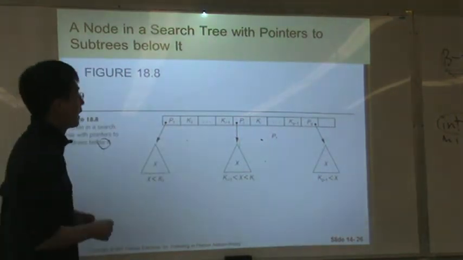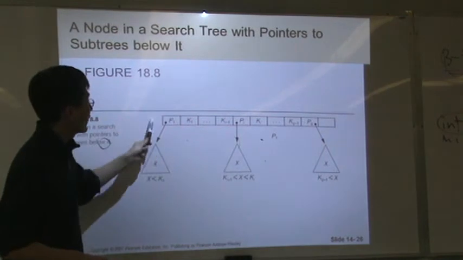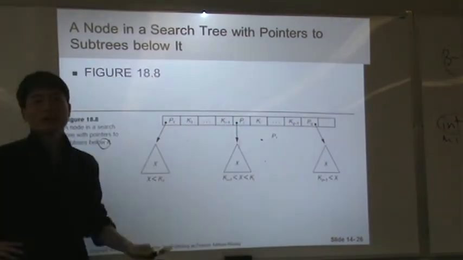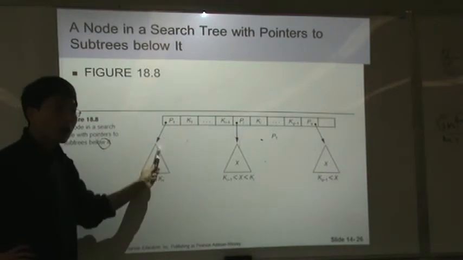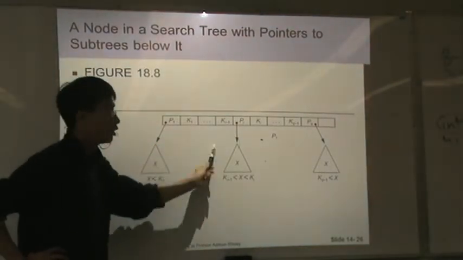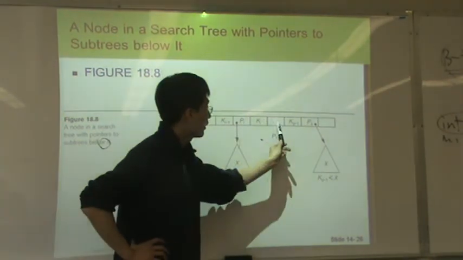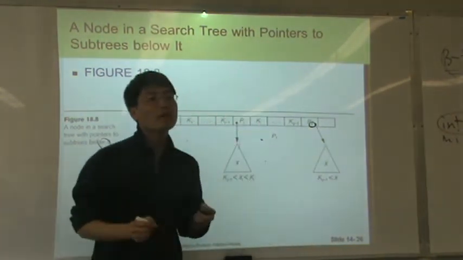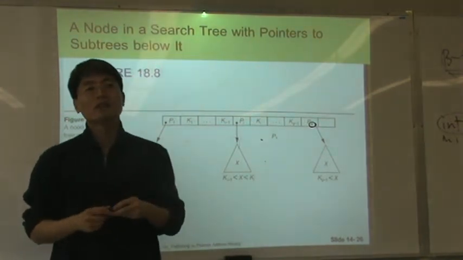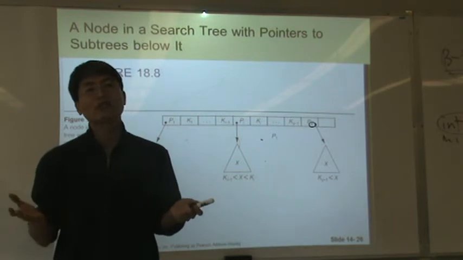At this time, how many children are possible in this node? 1, 2, 3, 4, 5, 6, and so on, a total of Q children are possible. How can we determine that?